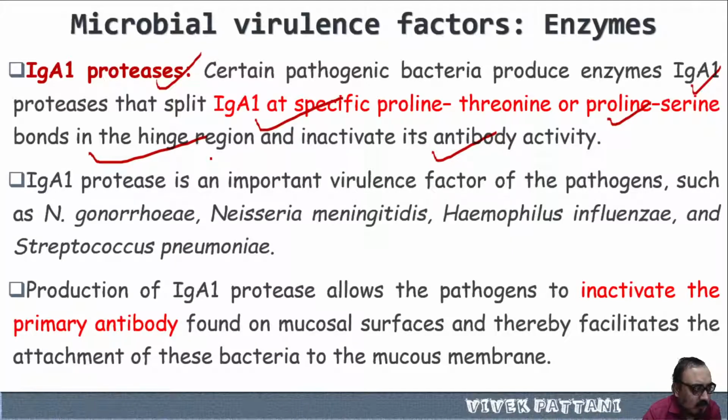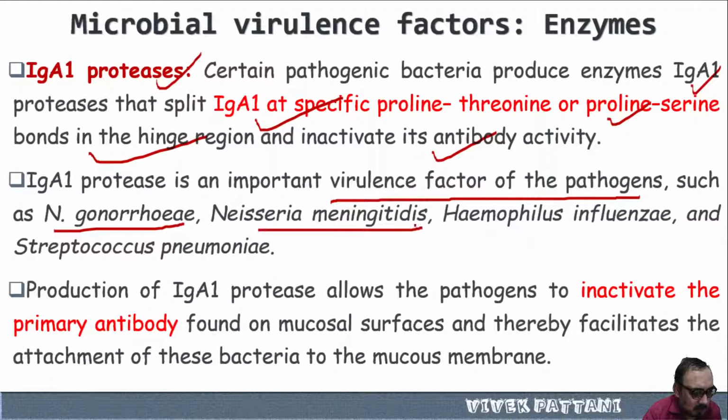It is produced by many bacteria and is one of the important virulence factors of pathogens such as Neisseria gonorrhoeae, Neisseria meningitidis, Haemophilus influenzae, and Streptococcus pneumoniae.